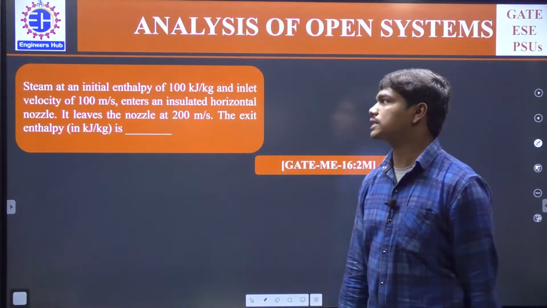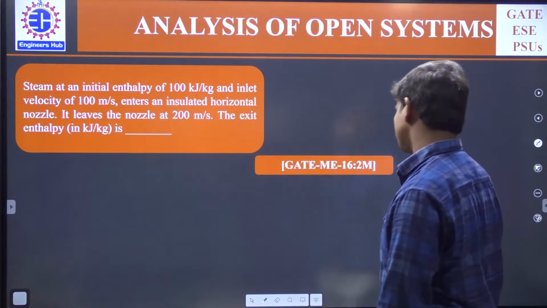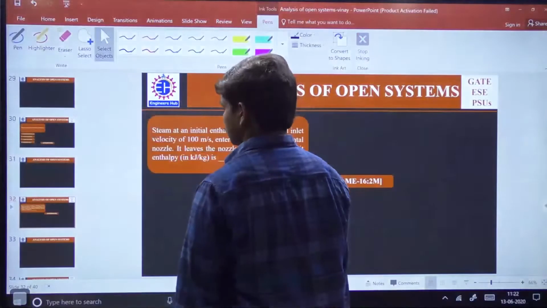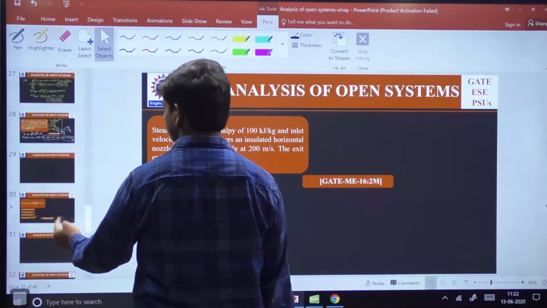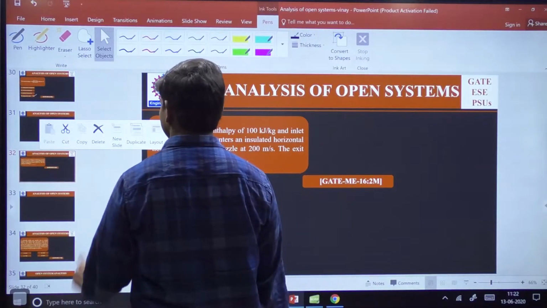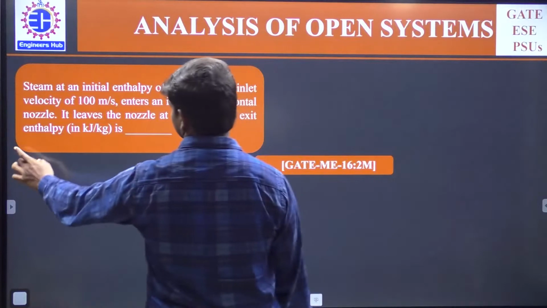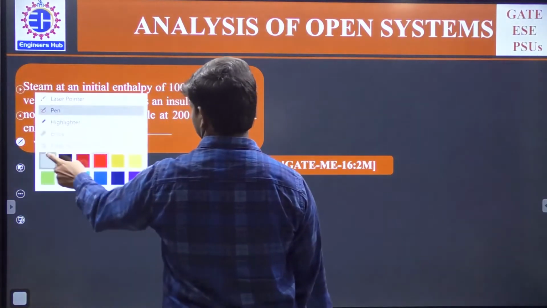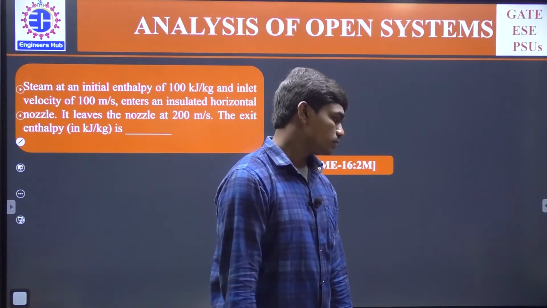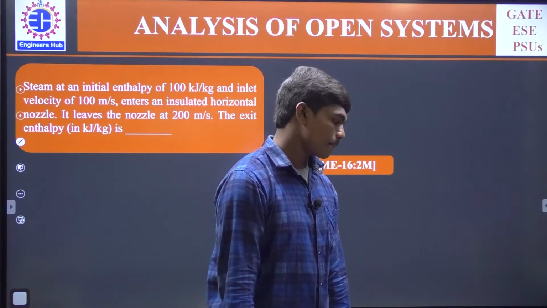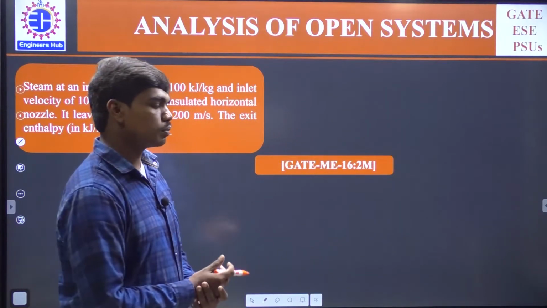Both inlet and exit velocities are given. It's already 11:22. So please, 85 is the answer, Deepak.